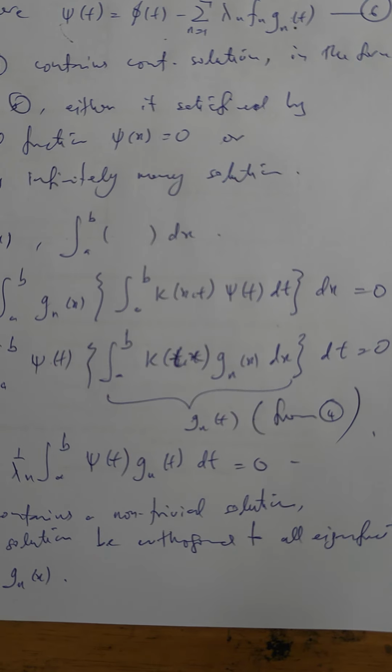So I think I stop here for this video. Let me conclude what I have explained in this video. The first thing is, how can we expand the symmetric kernel in eigenfunctions? We have a couple of steps that we need to follow. It's not really difficult.